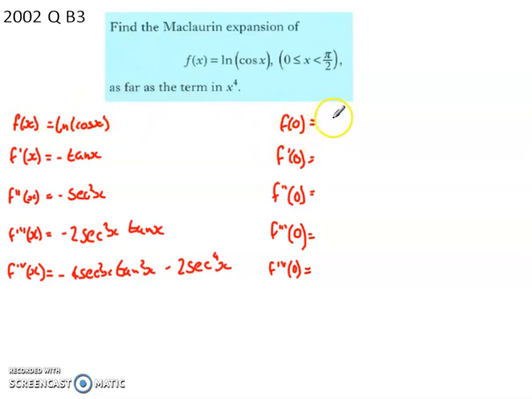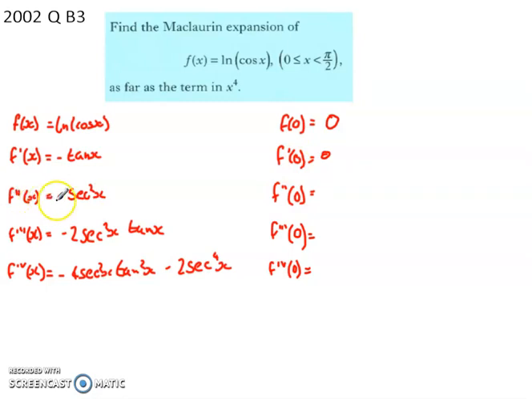We know that ln of 1 is equal to 0. I then want to look at f dashed x. Well, I know f dashed x is negative tan x. I want f dash of 0. Well, tan of 0 again gives me a 0.